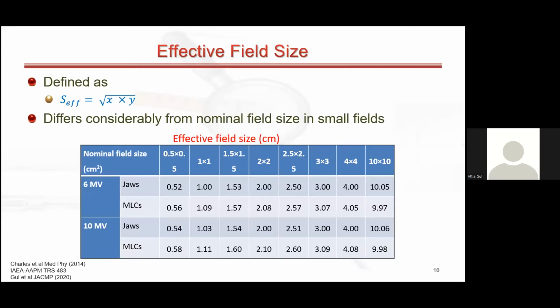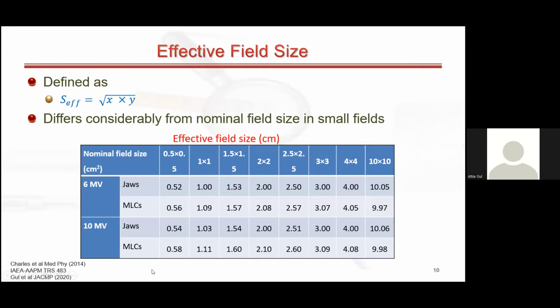When we talk about small fields, we need to define effective field size. That is defined as the square root of the full width half maximum of the crossline profile times the full width half maximum of the inline profile. In small fields, this effective field size differs considerably.